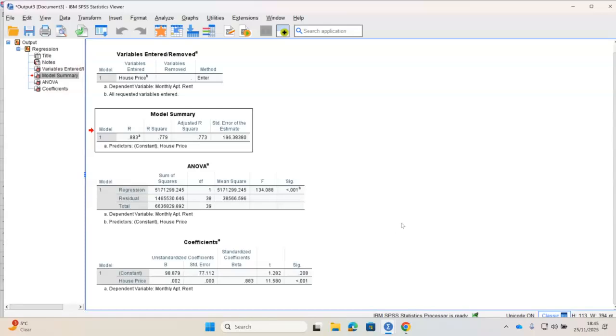So what is the equation of your line? $98.879 plus 0.002x. Write down, that's the equation of the line.